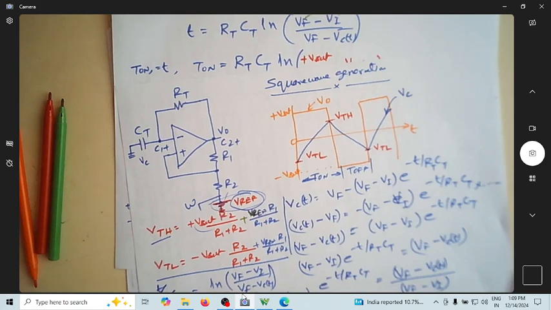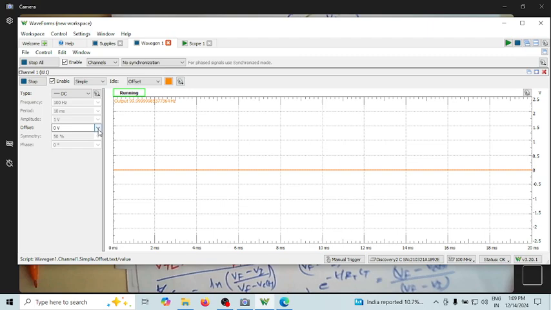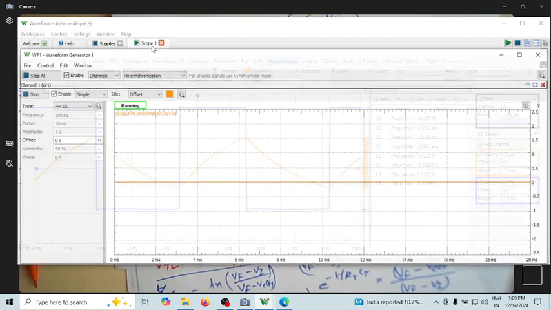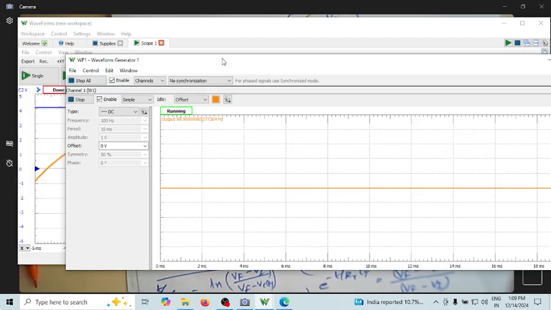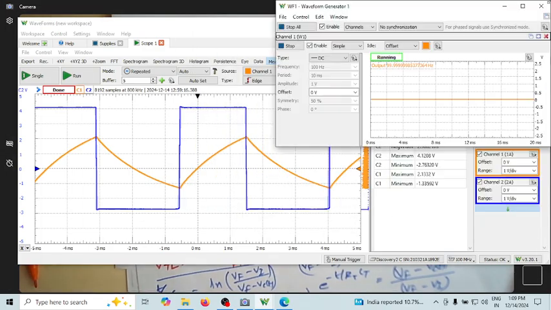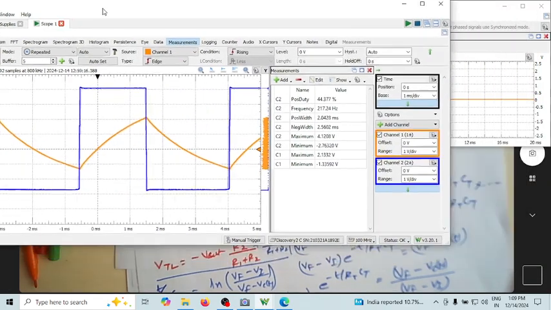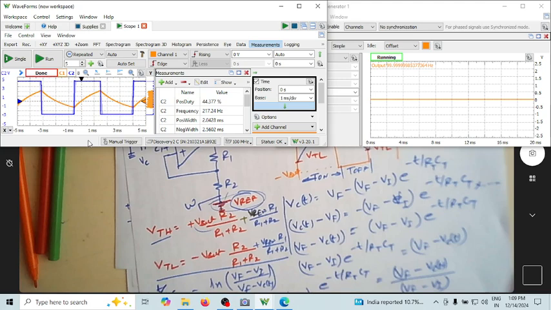The moment I do it, have a look at what happens. Let me adjust this, take this separately outside, and make this also half of the screen.